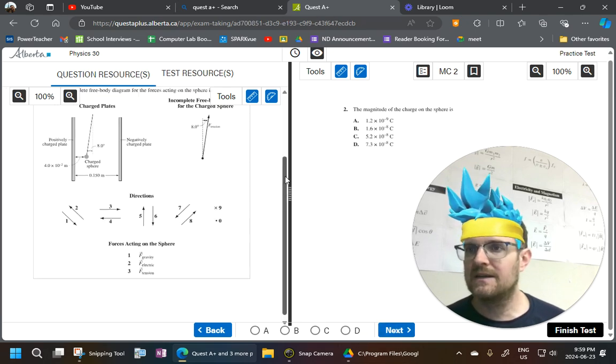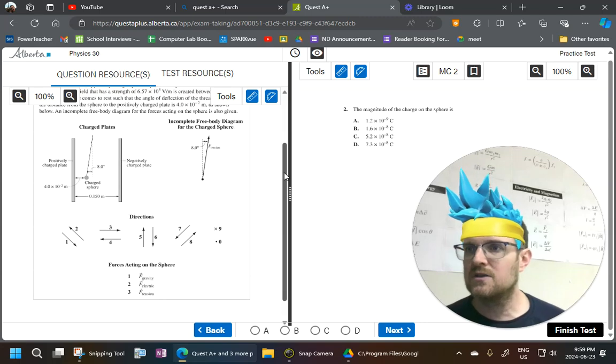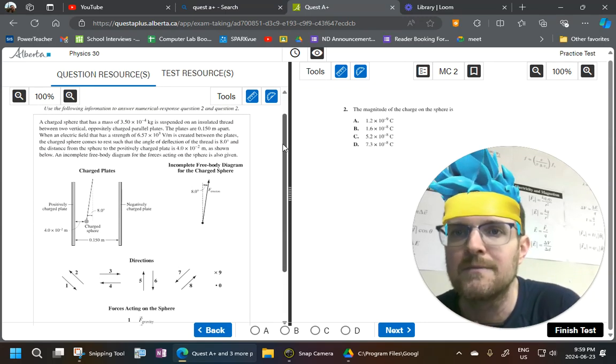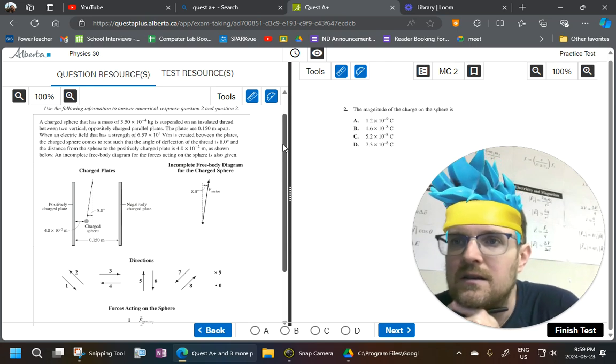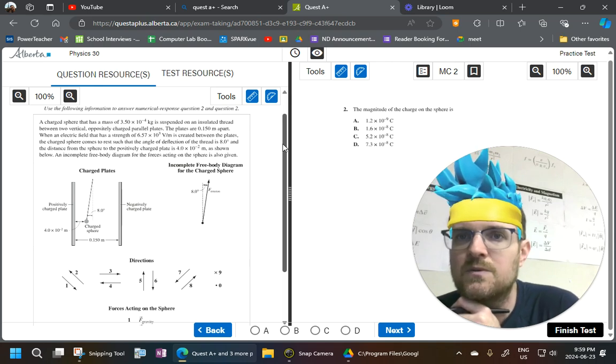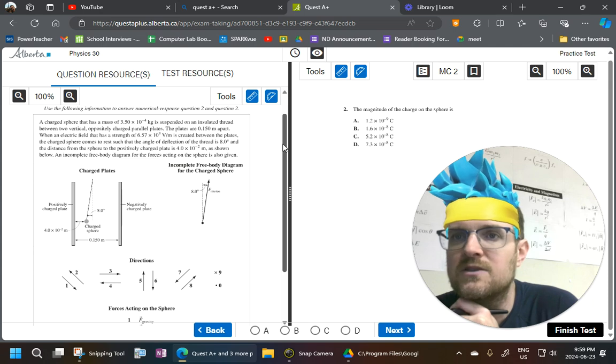Same diagram here. What's the magnitude of the charge on the sphere? So now I'm going to have to do a little bit of math. Let's read through this. We've got a charged sphere that has a mass, suspended by an insulated thread between two vertical, oppositely charged plates.